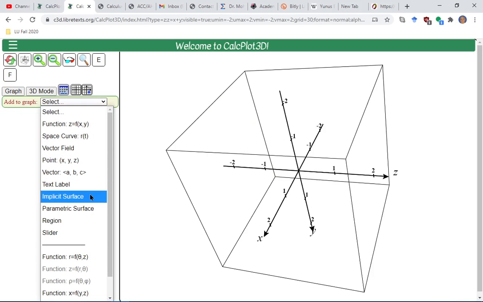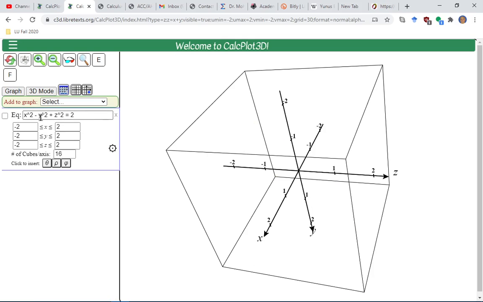So we have two surfaces to make. They are both implicit surfaces, meaning x, y, z are all on one side, so I use implicit. One of the equations was 2, and this one was 3, and the right hand side was 3 again.